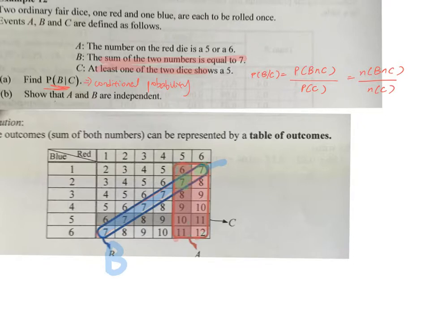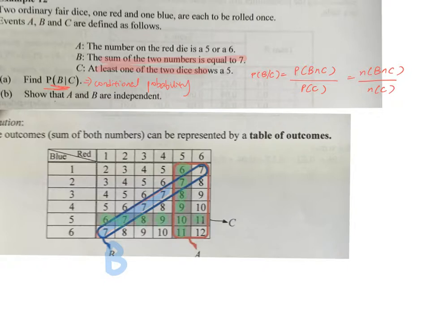However, if I look at the total number of ways that C can happen, C can happen in so many ways. C is where at least one of the two dice must show a 5, so it can be this, it can be this.